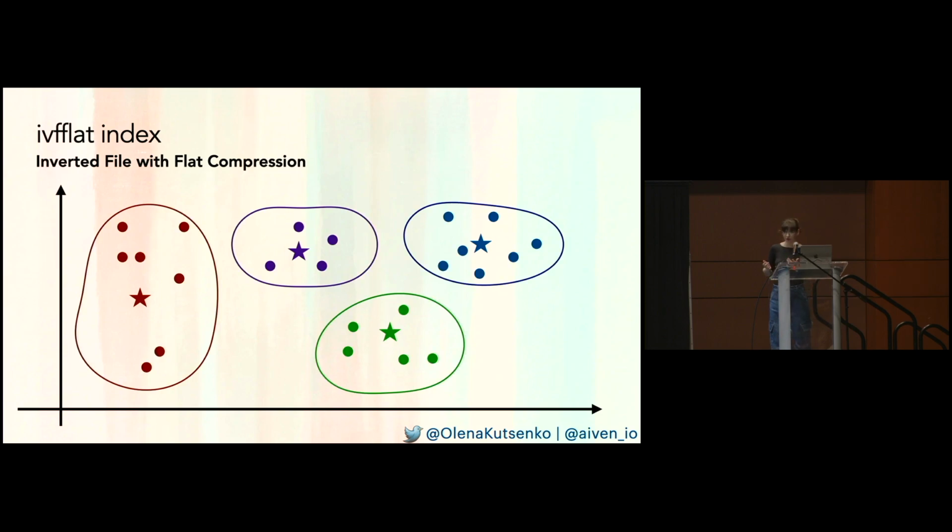Later, when we need to search for something, we take the vector for a lot of cute puppies, and we ask which centroid that particular vector is closest to. For example, it's the green centroid. Then we analyze only that particular chunk of our data, and we omit all other clusters.